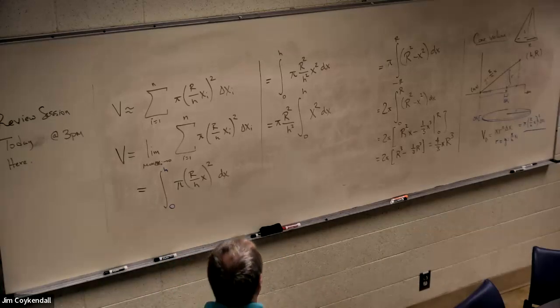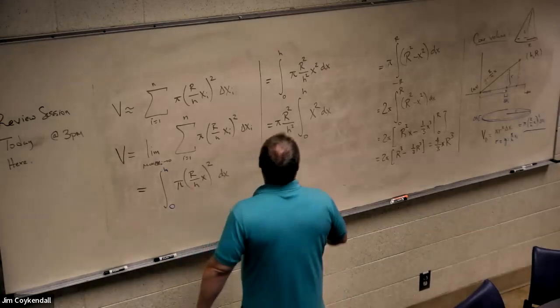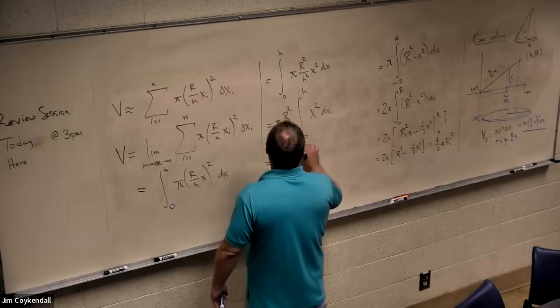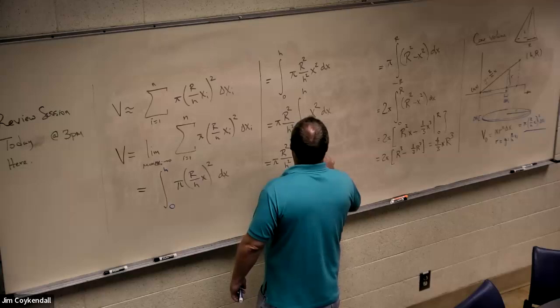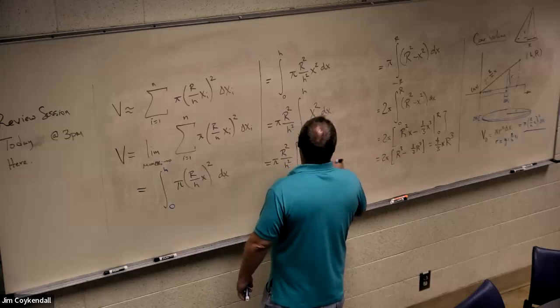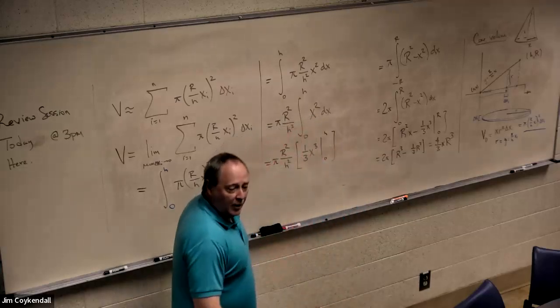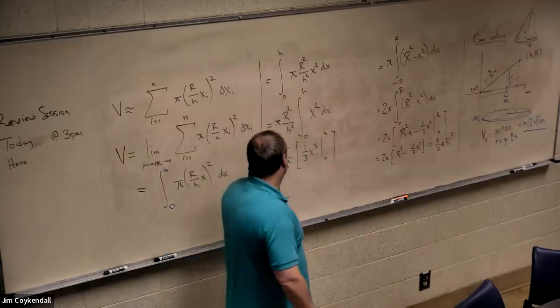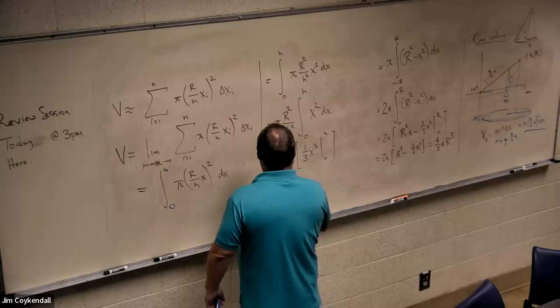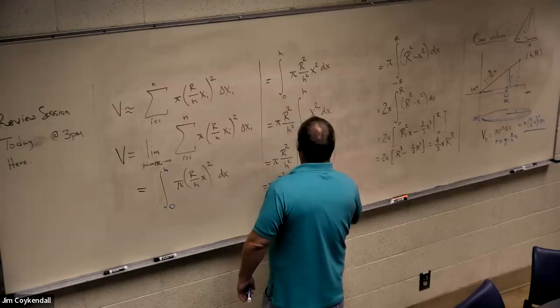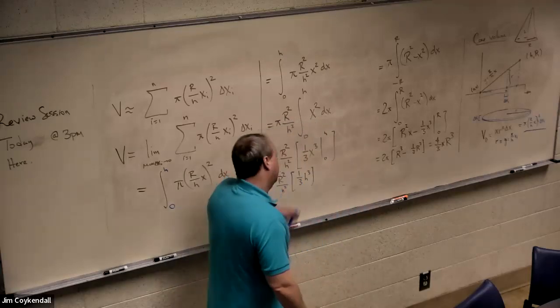They are just one constant. The antiderivative of x squared is 1/3 x cubed. By the way, that's where all this 1/3 is coming from. This is pi r squared over h squared times 1/3 h cubed, minus 0.